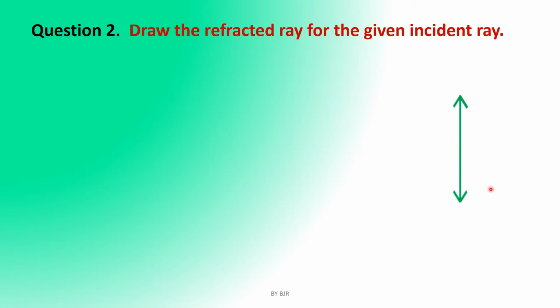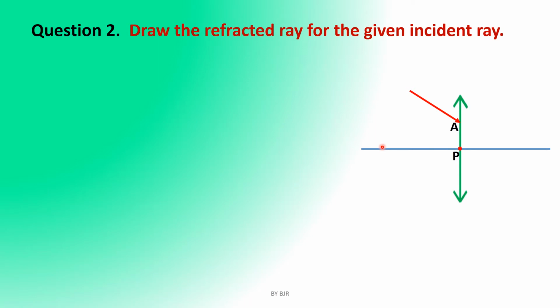Convex lens, principal axis, and incident ray, which is incident at point A on the convex lens. P is the optic center. Now we have to draw the refracted ray for this given incident ray.